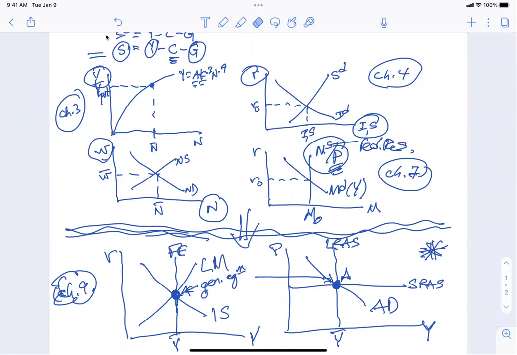So you can go back to chapter 1, look back in chapter 1. This is where it all comes together, right? And Keynes was writing after the Great Depression. He was trying to explain how you can have a whole decade, 1930 to 1940, roughly, where the unemployment rate is like 10%, as high as 25%.